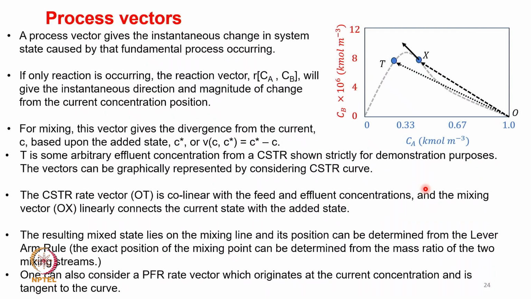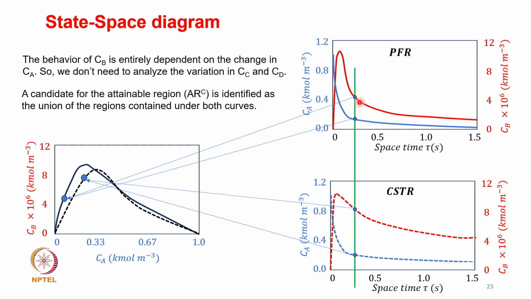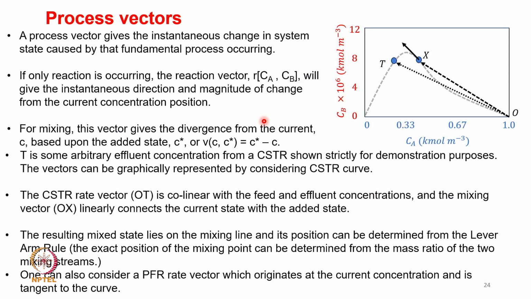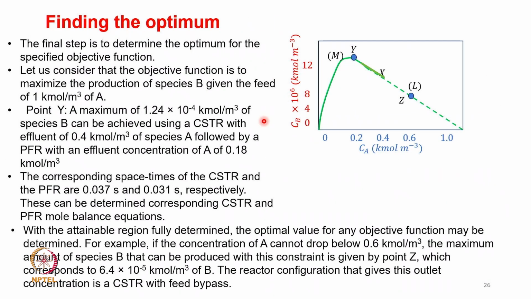Otherwise you have the individual profile plots available. In this particular case, it happens to be 0.037 second and 0.031 second respectively. These are determined by the corresponding CSTR and PFR balance equations.